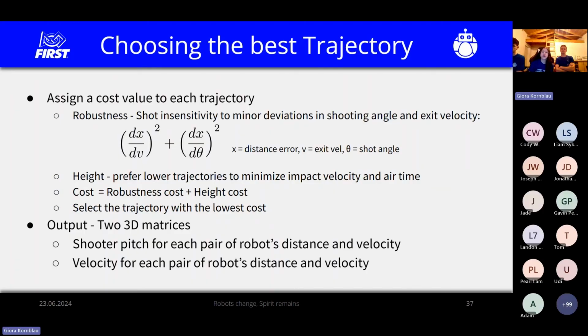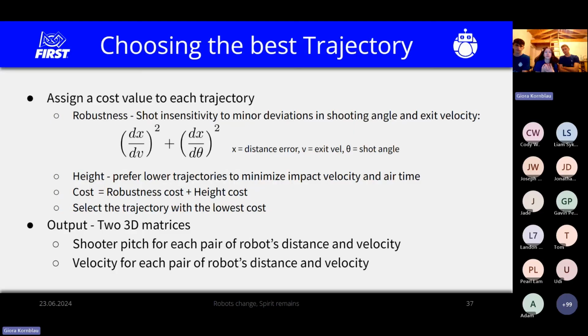We have our distance error and our exit velocity and our shot angle, and for all these parameters we do what will go in even if we have small minor deviations.